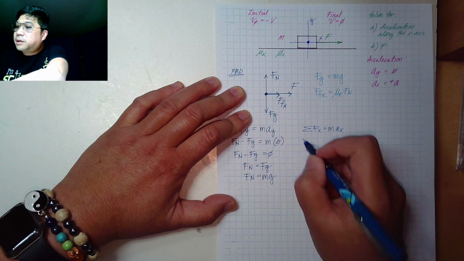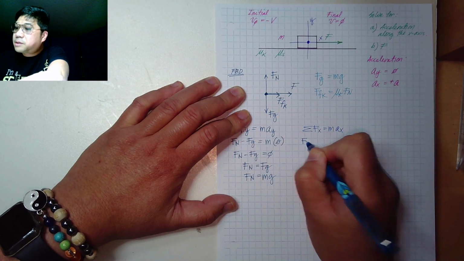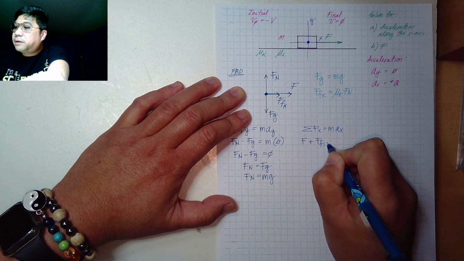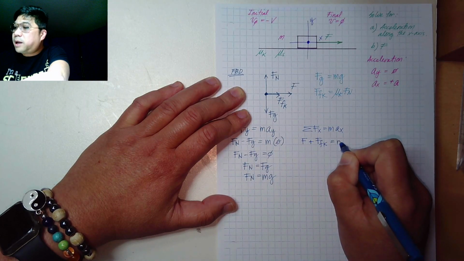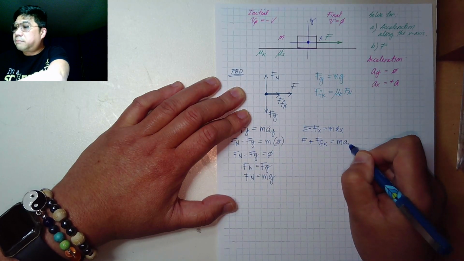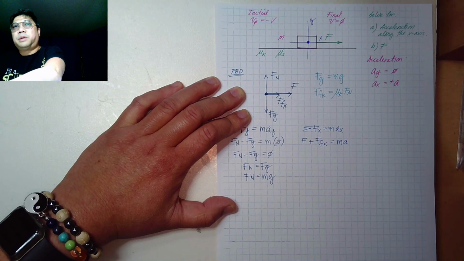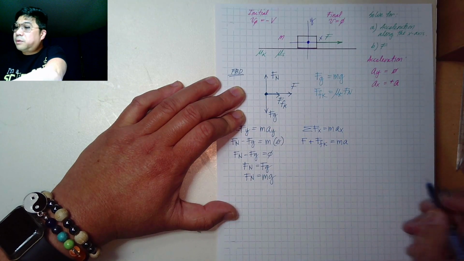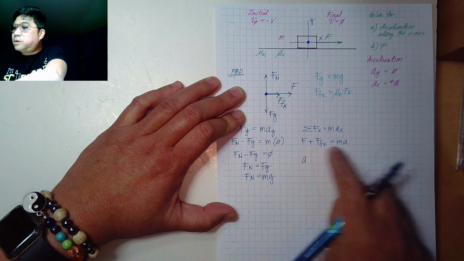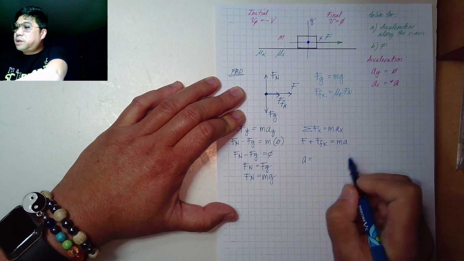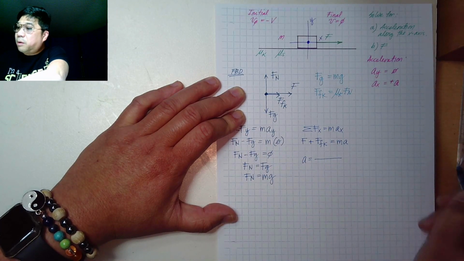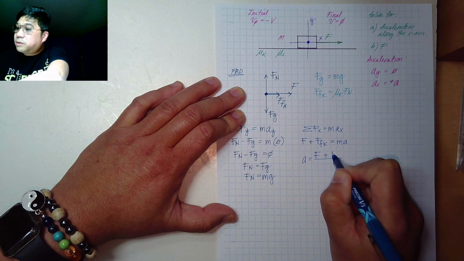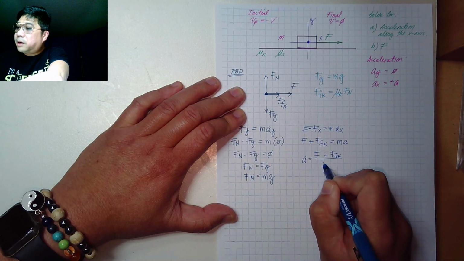So we can say that the applied force plus the force of friction, or kinetic friction, is equivalent to mass multiplied by the acceleration A. Now, if we want to figure out the acceleration using this basic equation, we know that our acceleration is force plus force of friction kinetic divided by m.